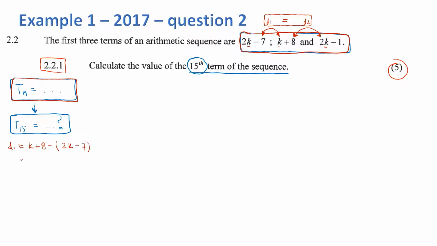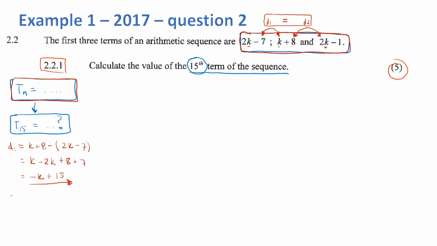If I rearrange all of this, I'll write it out neatly now: k minus 2k plus 8 plus 7. So we have minus k plus 15. Okay, that's the first distance.